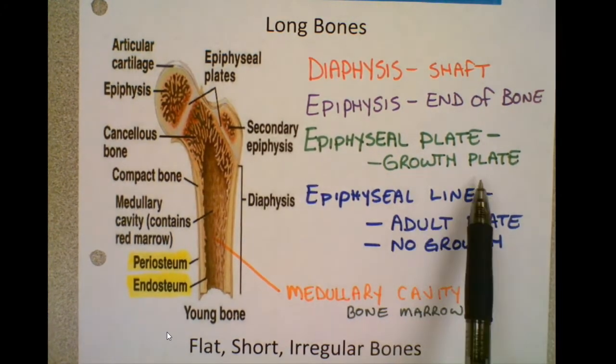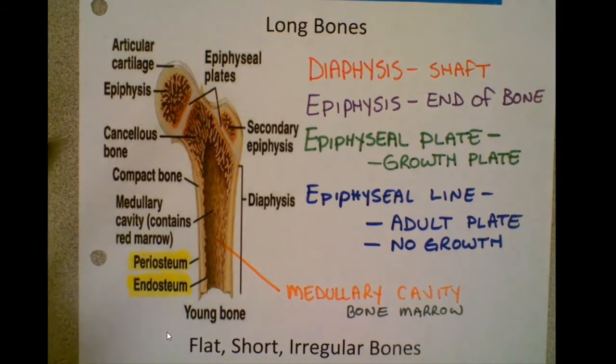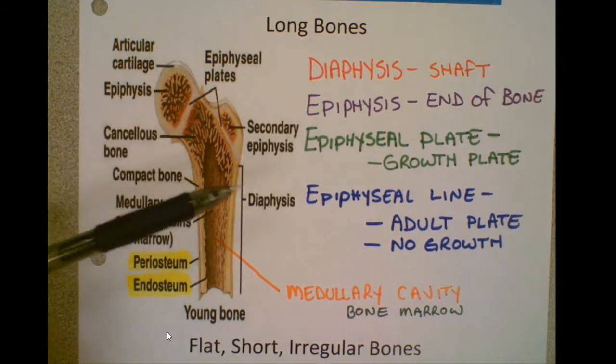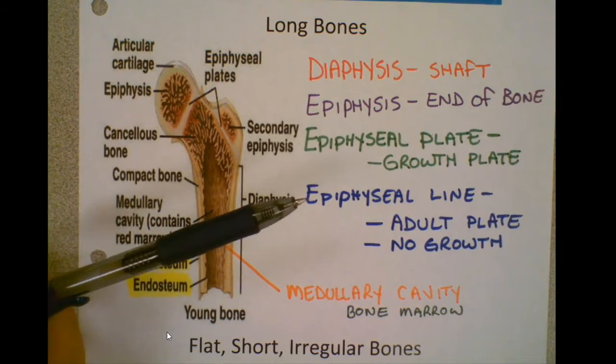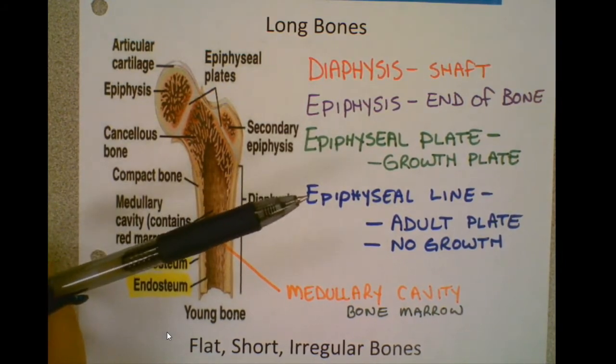These are your growth plates. So when we are adolescents, all of the bone growth is going to happen at these epiphyseal plates. They're going to make the bone grow, all right, and make the bone longer and bigger around. Now, once we are done growing, this epiphyseal plate is going to turn into the epiphyseal line.